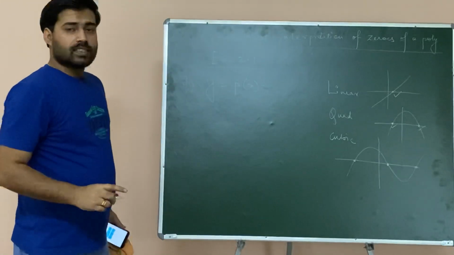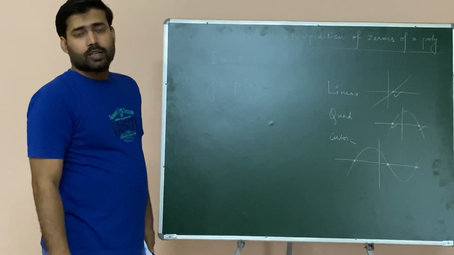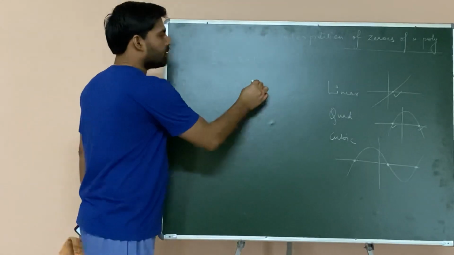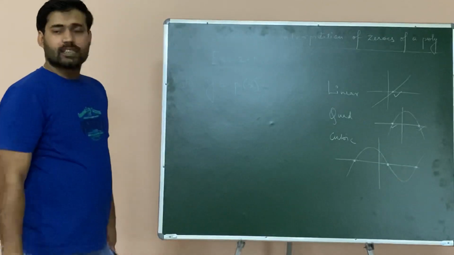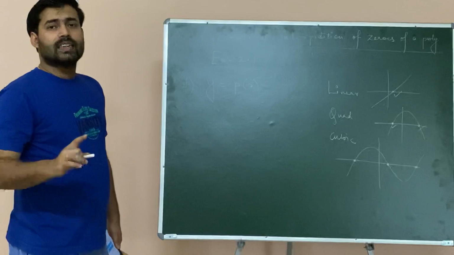You have to understand what the variable part in the polynomial is, that means the polynomial is defined in terms of which variable. So here the polynomial is defined in terms of x, so you will find at what point the x-axis is intersected.